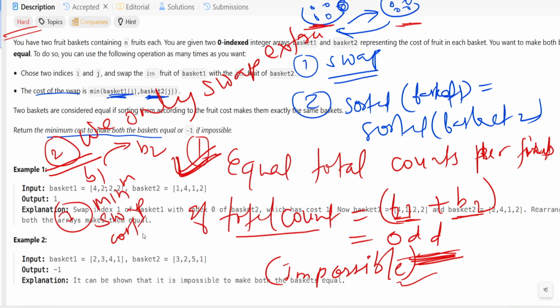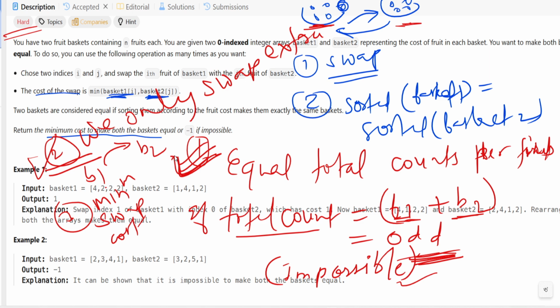Very first was equal total count: if it is odd for any fruit, it is impossible. Then we only swap the extra, meaning extra fruits in one basket must be swapped with the extra from the other one, b1 or b2. Then we have the minimum swap cost.